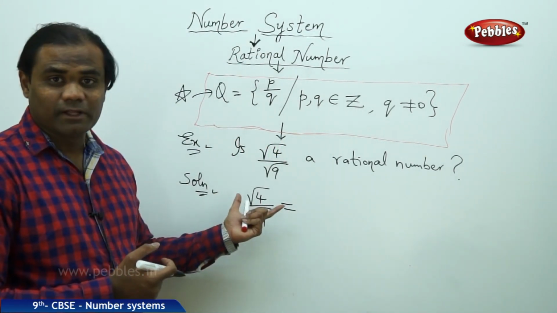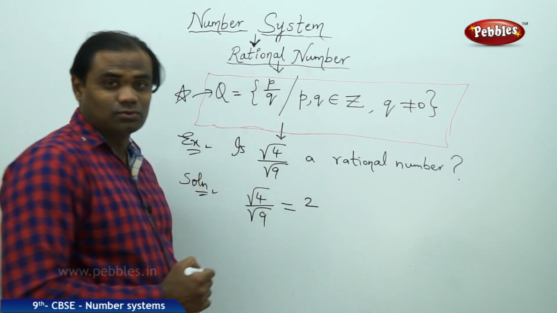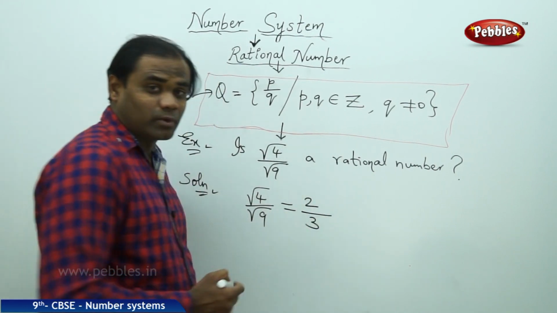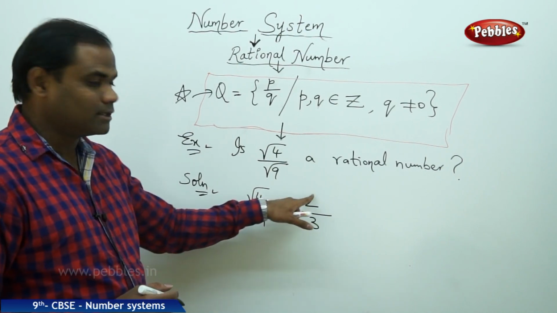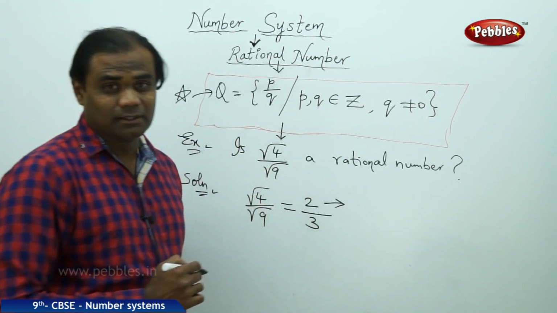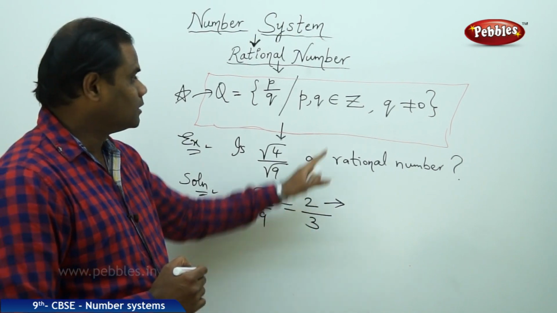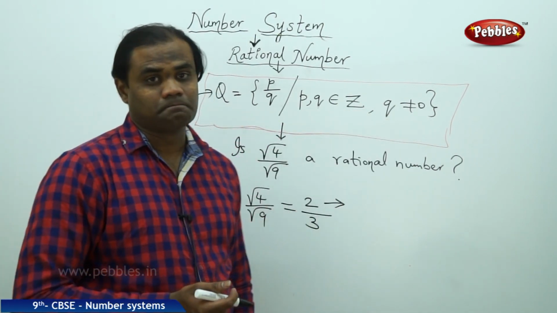So let's simplify this further, where √4 clearly can be written as 2, because 2 squared is 4, and √9 is 3, 3 squared being 9. So the simplified form of √4/√9 is 2/3, which cannot be simplified further. So therefore I put this number 2/3 through both tests, test number 1 and test number 2.